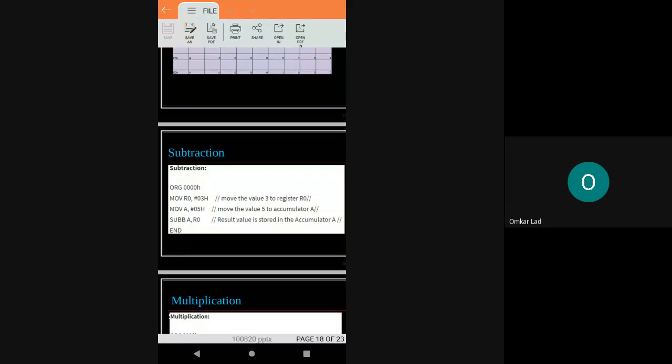जसं ऍडिशन साठी ऍड आहे ADD, तशी सबट्रॅक्शन साठी instruction आहे SUBB, so that you can observe in that program. So as it is, you note down in your notebook the program for subtraction.